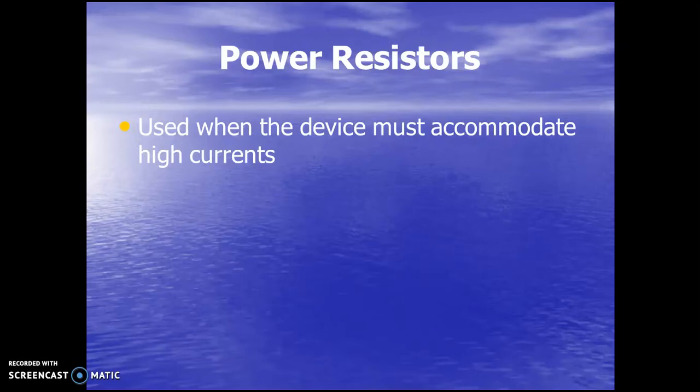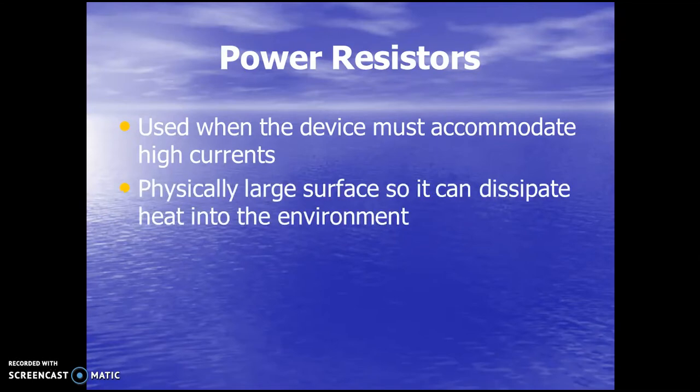Resistors also have, in addition to their nominal resistance, a rating for the power that they can handle, the amount of current that you can put through the resistor before it will start to fail. When we have very high current, we need to use specialized resistors that can handle high current, that can handle the power associated with it.